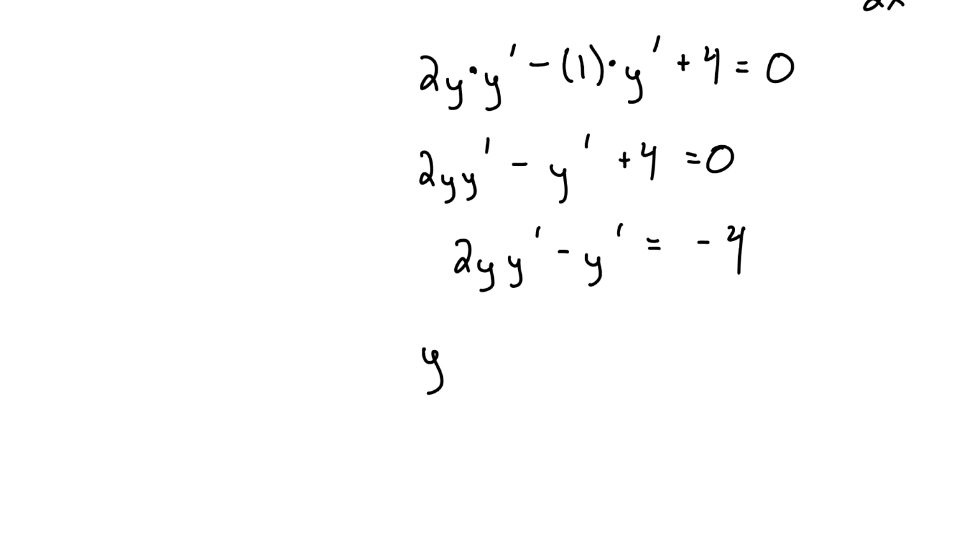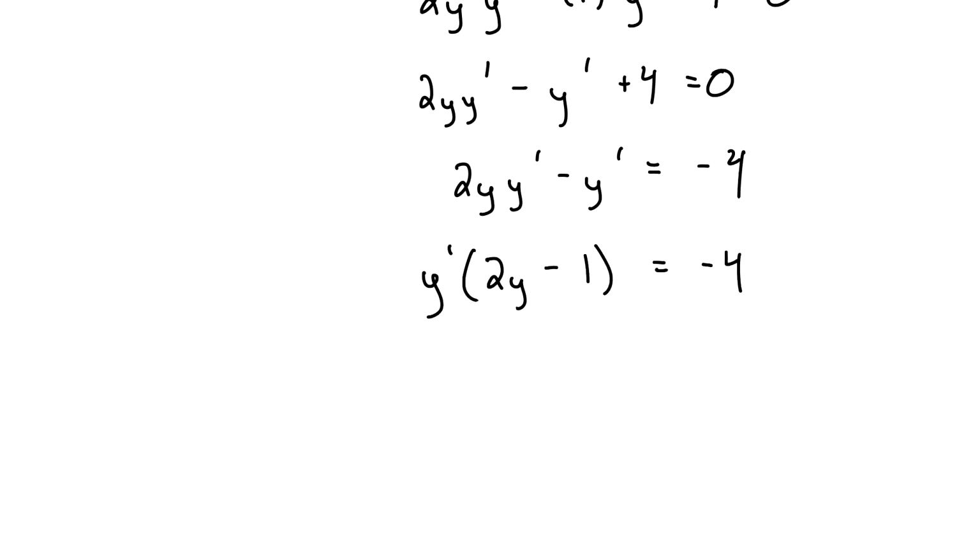That leaves me with y prime times 2y minus 1 is equal to negative 4. Again, keeping in mind I'm trying to solve for y prime, my last step is just to divide by this 2y minus 1. So I should end up with y prime equals negative 4 divided by 2y minus 1.